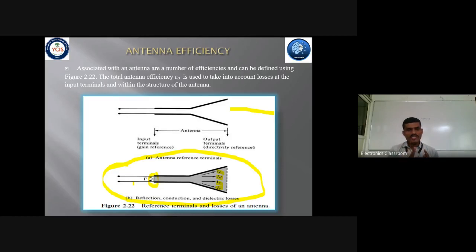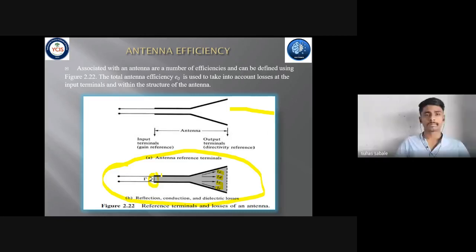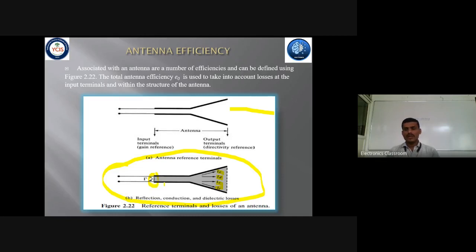When the transmission line is connected to the antenna, the output impedance of that transmission line should be matched with the input impedance of that particular antenna. Understand? Got this point? When we connect the transmission line to the antenna, the impedance of the transmission line should be matched with the impedance of that particular antenna.